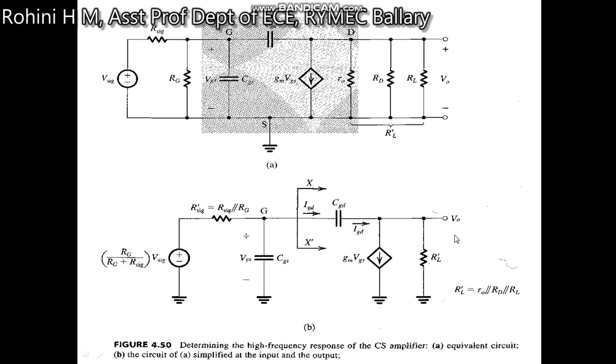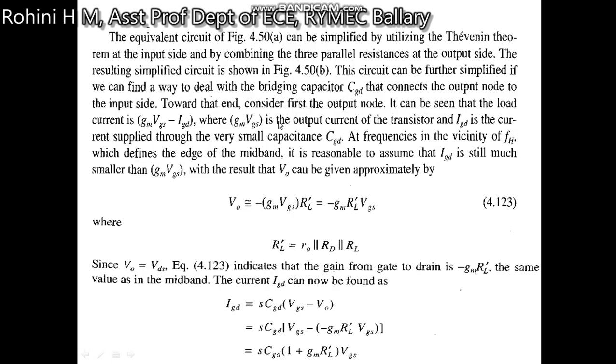And what is V out? V out is the voltage that is connected from the drain to source terminal. So here V out is equal to VDS. This expression indicates that the gain from gate to drain is minus GM into RL dash, the same value as in the midband.